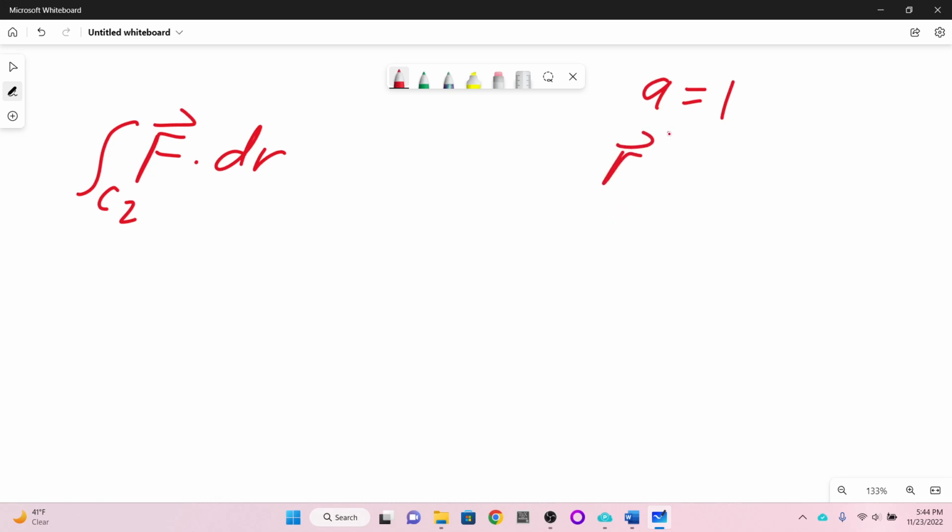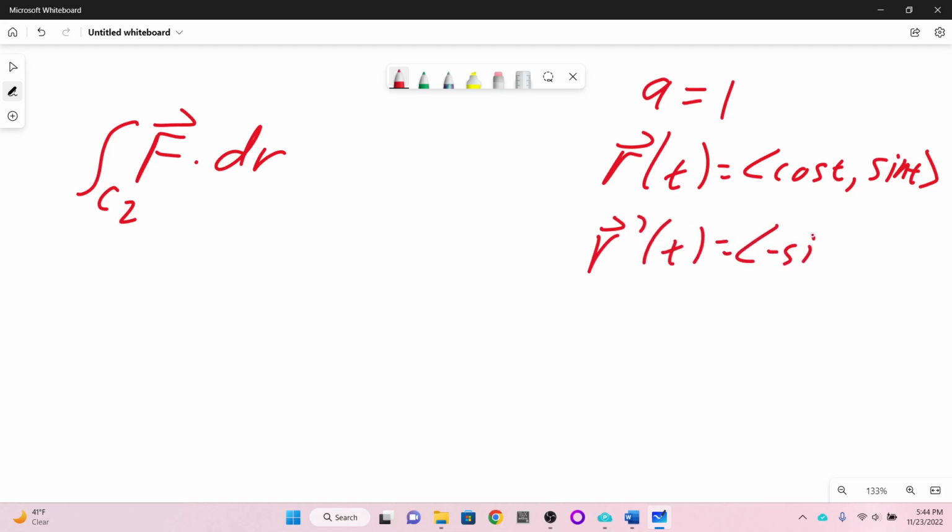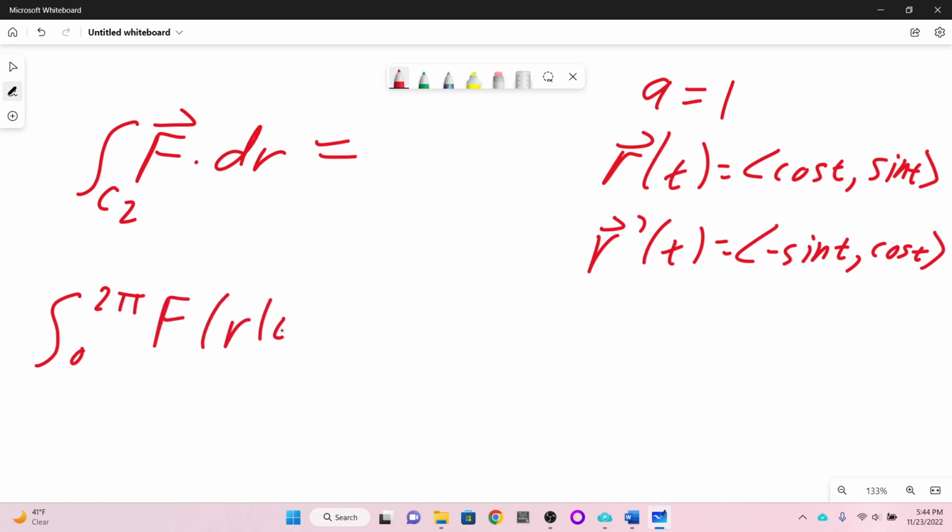So r of t is cosine t, sine t. r prime of t is negative sine t, cosine t. So let's plug that in. We will get the integral from 0 to 2 pi of F of r of t dot r prime of t dt.